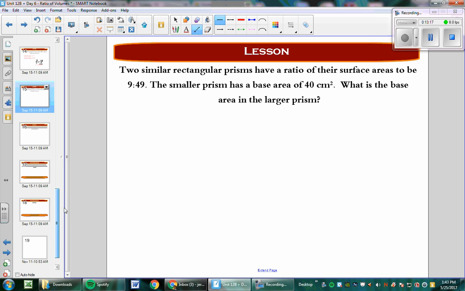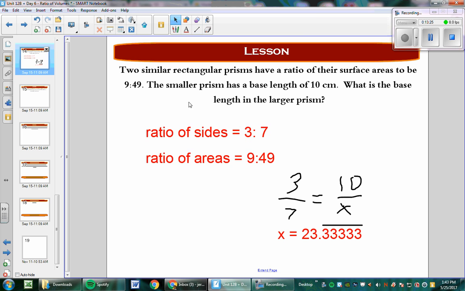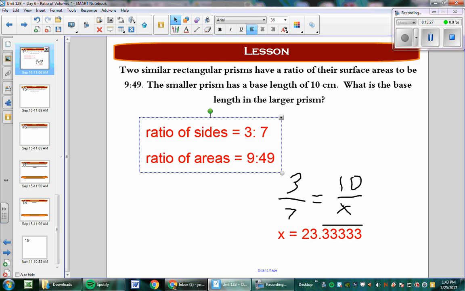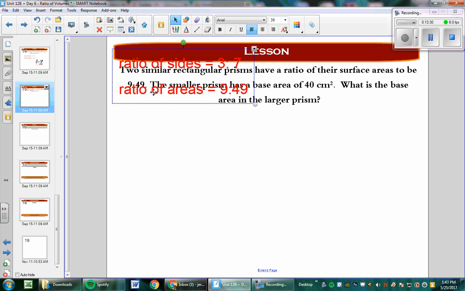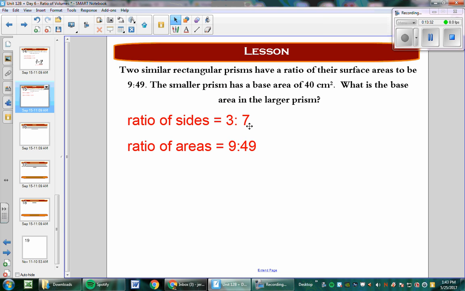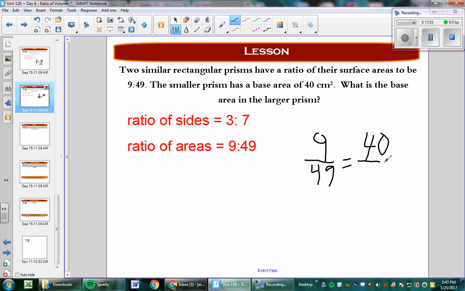Now, if we have the same situation, but now the smaller prism has a base area of 40 centimeters squared, we can take the same information here. We have a ratio of sides and a ratio of areas. Since we're looking for an area, we use 9 to 49. So I have 9 over 49 is equal to, the smaller one has a base area of 40, so this goes up here, 40 over x.